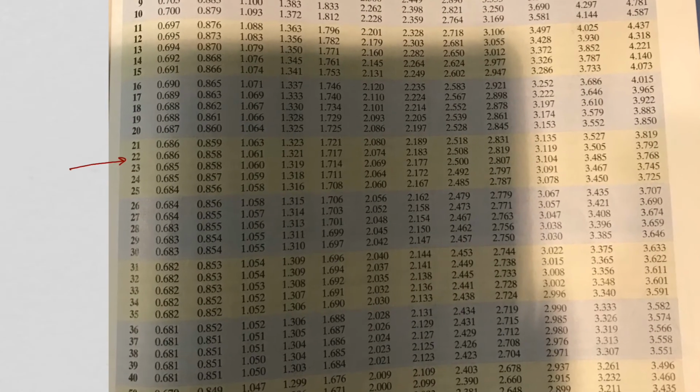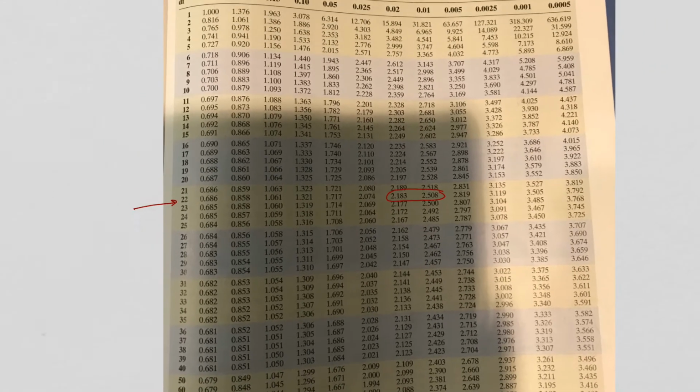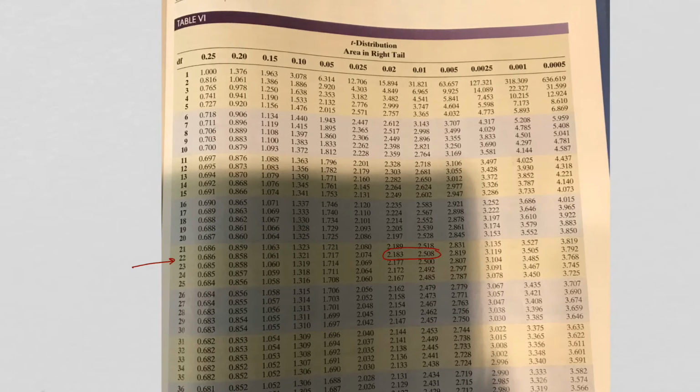So if we blow this up, 2.502 falls between these two scores right here, where if we look up at the top here at the p-values is right there. So in this case, I know that the p-value is between 0.01 and 0.02. Okay.